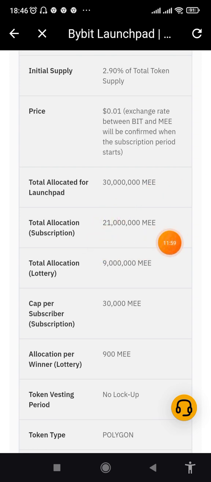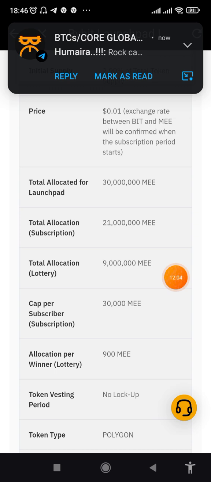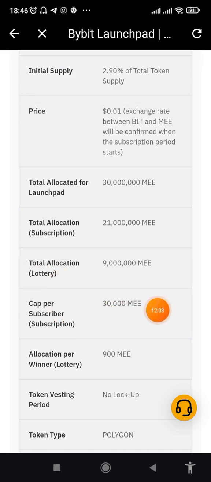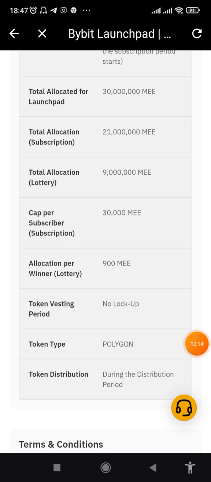Okay, so 21 million will be allocated for the subscription, and 9 million will be allocated to the lottery. So everyone who is in subscription will get 30,000, while those that are in lottery will get 900. And there is no lockup. Once you have been distributed, you can sell the coin or trade it.